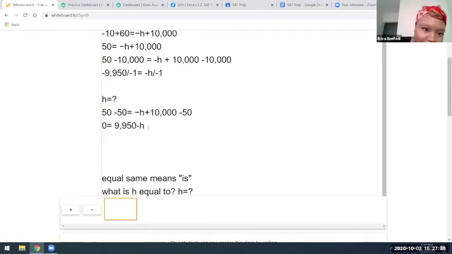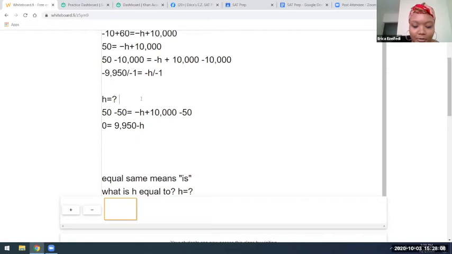So we need to get this h on one side of the equation symbol by itself, because we want to know just purely what h is. We don't want to know what negative h is. We don't want to know what h is minus 9,950. We just want h by itself. So we want to isolate the h.